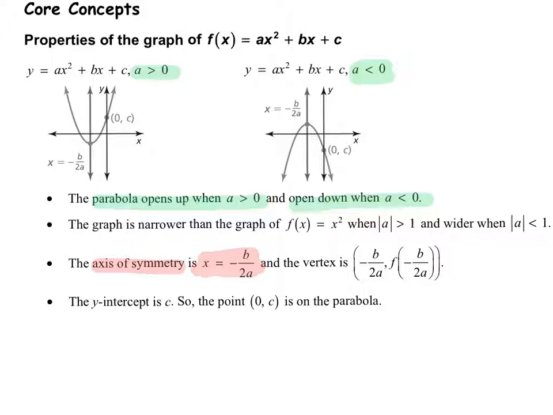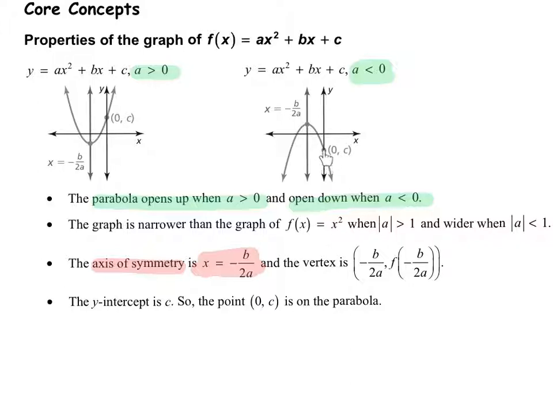And then finally, the last thing that we can find on our parabola as we travel along the parabola. We found the axis of symmetry, we found the x value of the vertex, and from that we learned to find the y value. We can also find where the parabola crosses the y-axis, because on the y-axis, x equals 0. So if we were to substitute 0 in for x's, the only thing that we would have left is our c value. So then y equals c, which means that we'll always have a point (0, c).